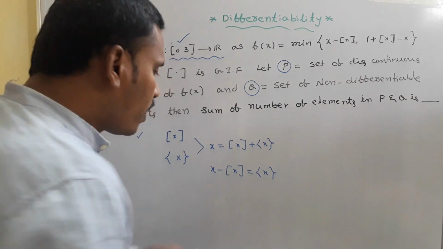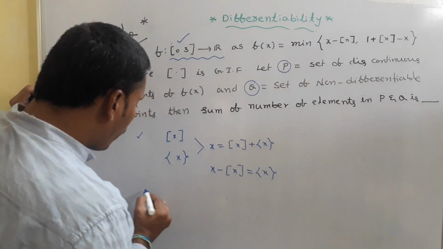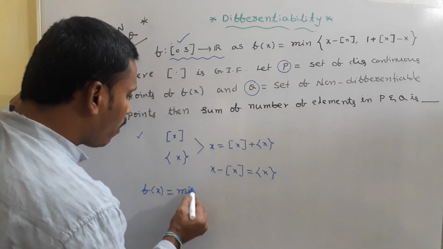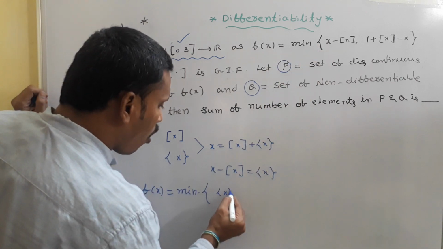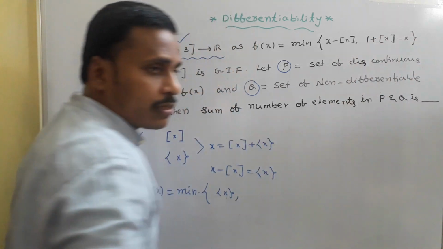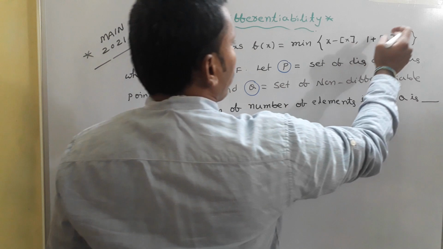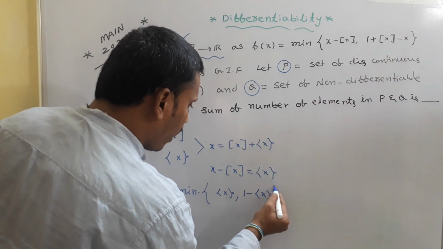Since x minus [x] is the fractional part of x, the given function f(x) is the minimum of the fractional part of x and 1 plus [x] minus x. Now x minus [x] is the fractional part of x, and [x] minus x is minus the fractional part of x, so 1 plus [x] minus x is 1 minus the fractional part of x.